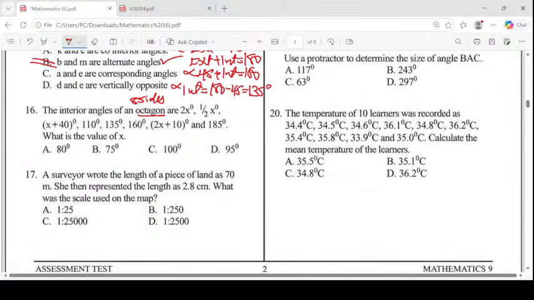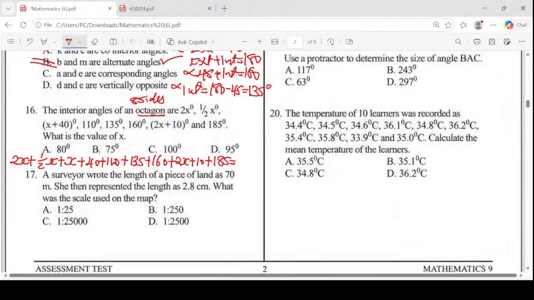So when I sum all these angles, that is 2x plus a half x plus x plus 40 plus 110 plus 135 plus 160 plus 2x plus 10 plus 185.